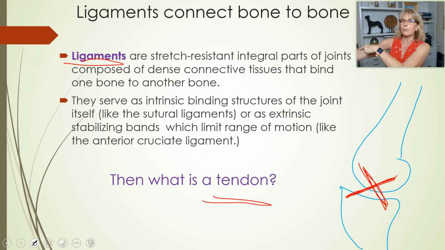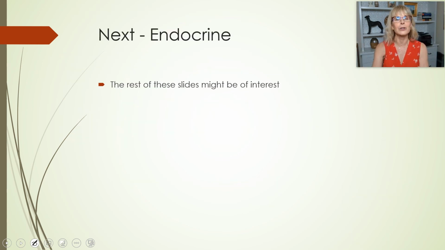And so attaching the muscle to the bone, that is going to be a ligament. Oh, I'm sorry, a tendon. Your Achilles tendon attaches your calf muscles to your calcaneus, your heel bone, and that is also a tendon. So ligaments, tendons, make sure you know this difference. It is on exam 2.